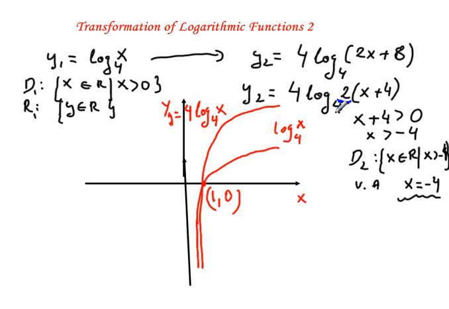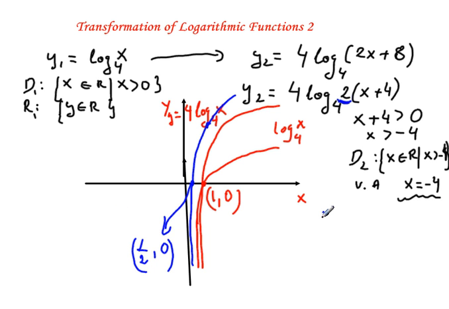This simply means that the new function, log to base 4 of 2x, would have to have the following shape, somewhat like that. So then the x-intercept would be (1/2, 0).